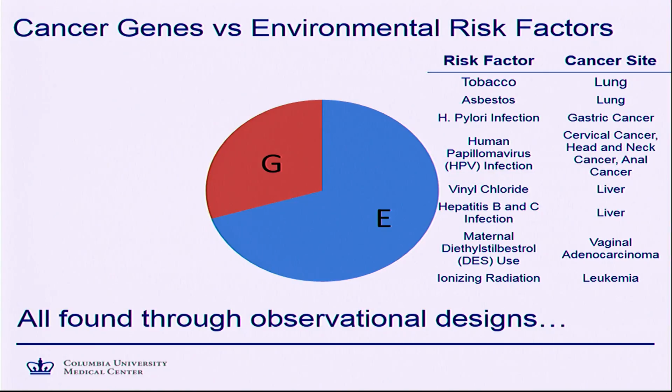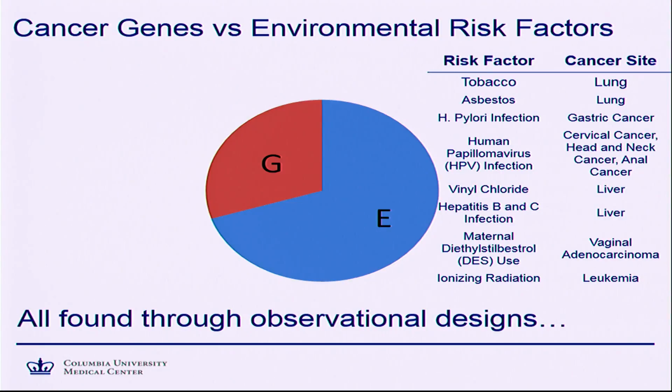And what is probably the only thing in common of this list that nobody in this room or elsewhere would dispute are known causes of cancer is that all of the human evidence has come from observational studies. So although we can appreciate all of the caveats about observational studies, the reality is the perfect can sometimes be the enemy of the good.